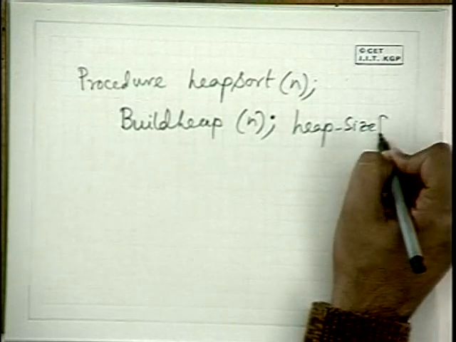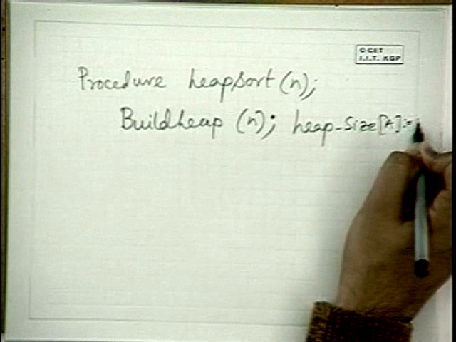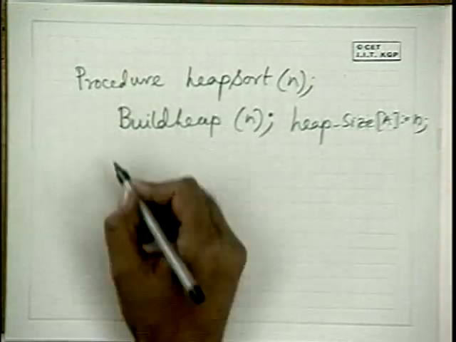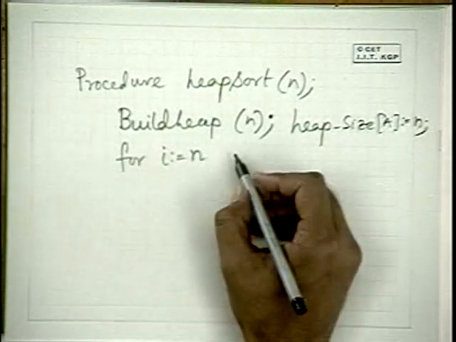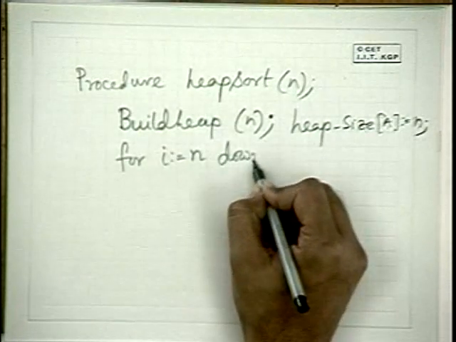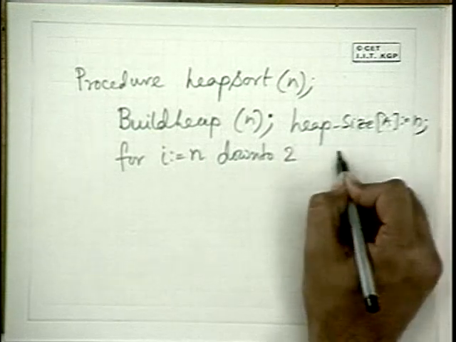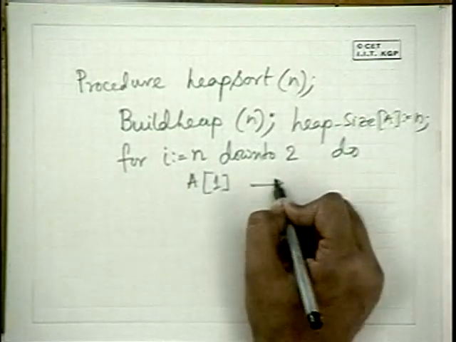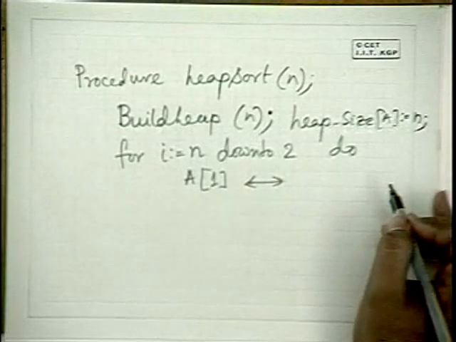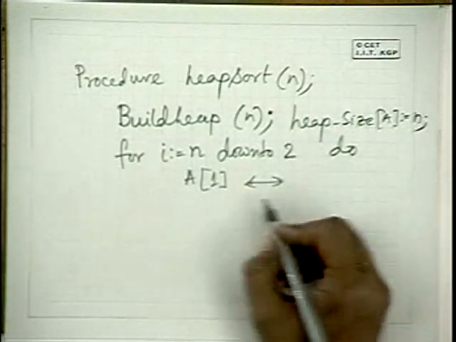What is the heap size of A? It is n. For i equal to n down to 2, do: A[1], you exchange with what? A[1] with A[i].